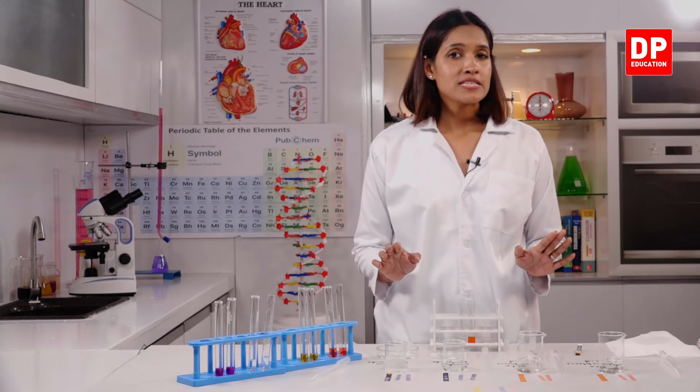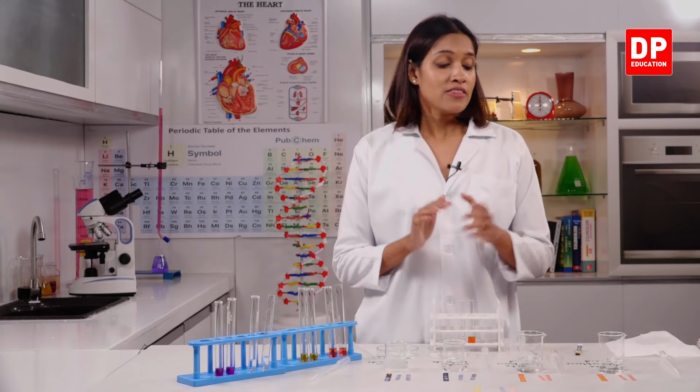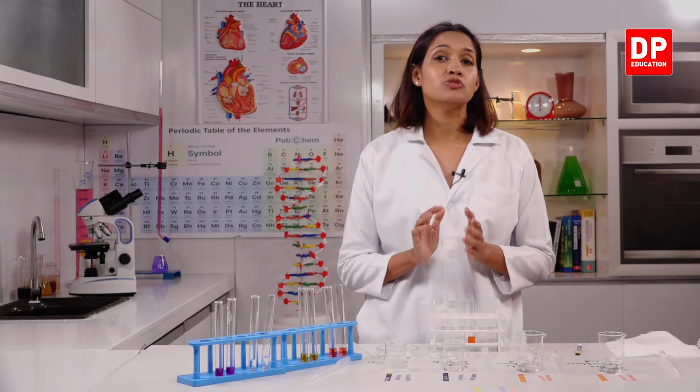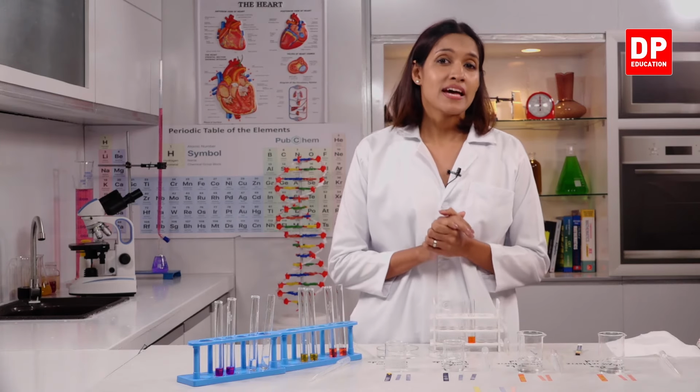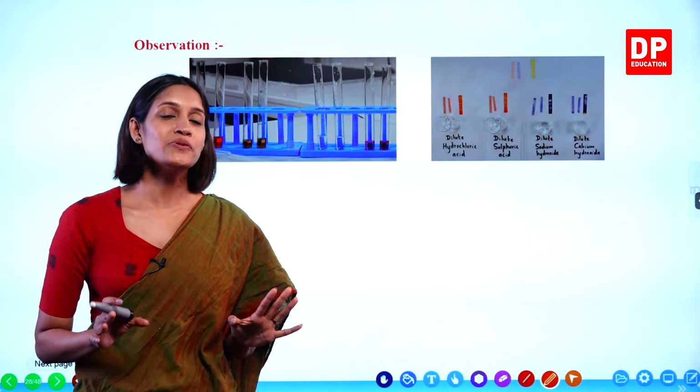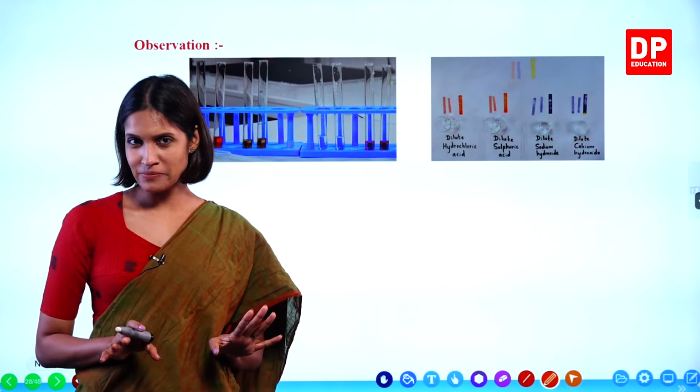After doing this activity, it is very clear that there are different types of indicators in the laboratory that you can use to identify acids and bases. Right children? You saw what happened when I was showing the experiment. It was very clear that using different types of indicators we can identify acids and bases. Do you remember the observations?